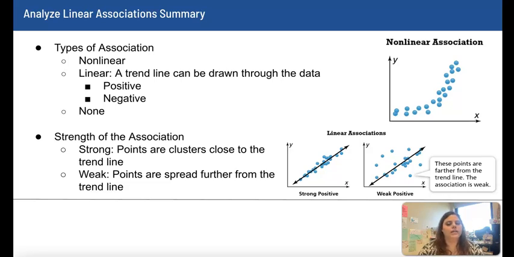We also can now talk about the strength of the association. It is strong if the points are clustered close to the trend line, and it's weak if the points are spread further away from the trend line. So we can see a visual example here of a nonlinear association or a linear association, one that has a strong association and one that has a weak association.